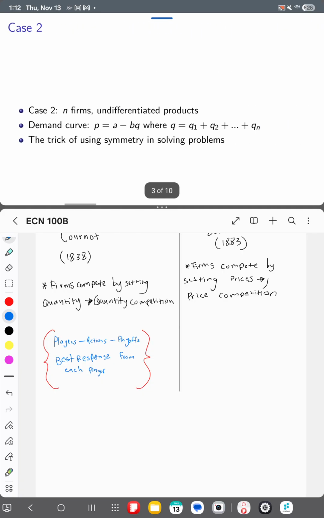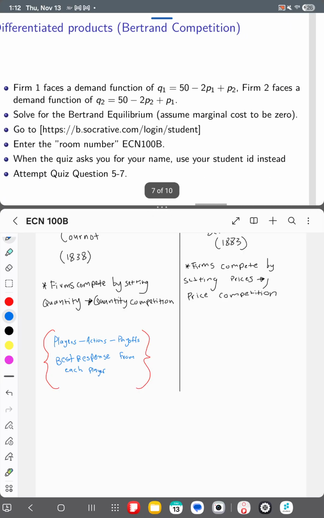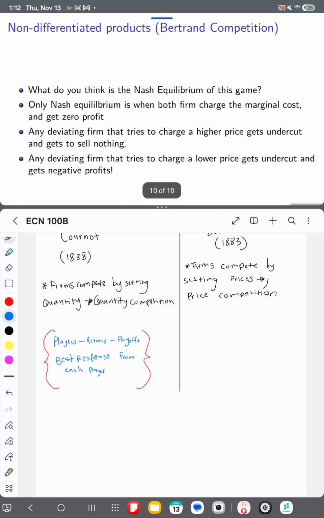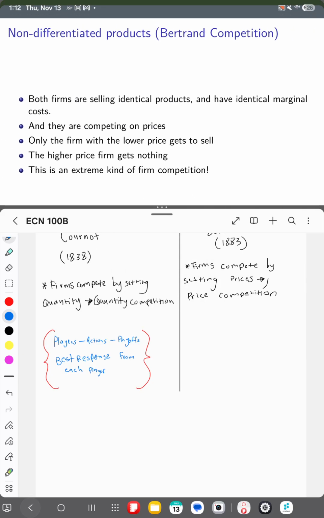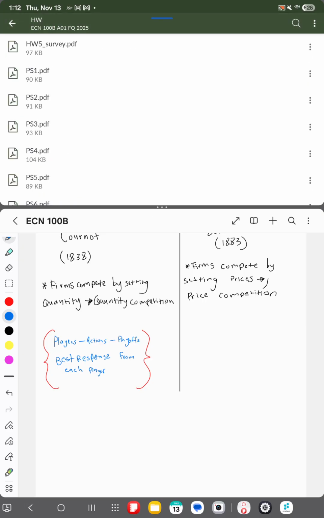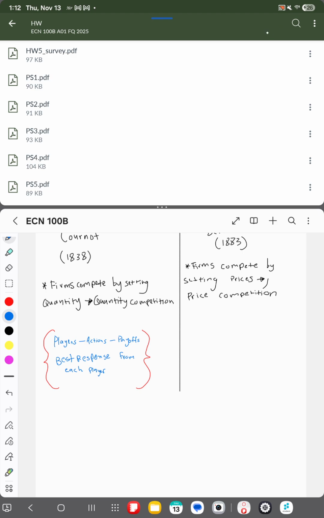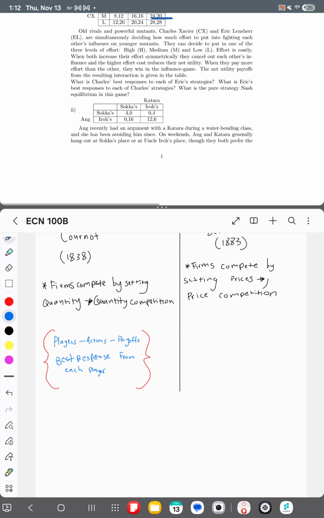The theory of perfect competitive markets doesn't apply anymore. These are both chicken wing places, so they're going to sell chicken wings. They're going to sell slightly different stuff. You can solve it assuming they are doing quantity competition, or you can solve it assuming they're doing price competition. We can do both. Let's start with one of them.